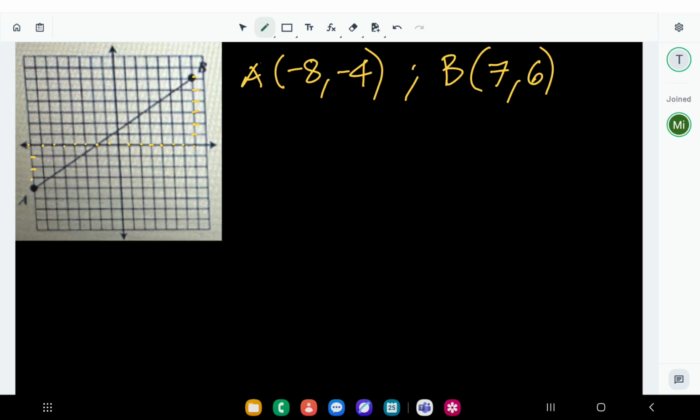Okay, it says that the police car is parked 4/5 of the way from A to B. So that means we divide AB into 5 equal parts. Let's say 1, 2, 3, 4. So 4/5 could be somewhere here.